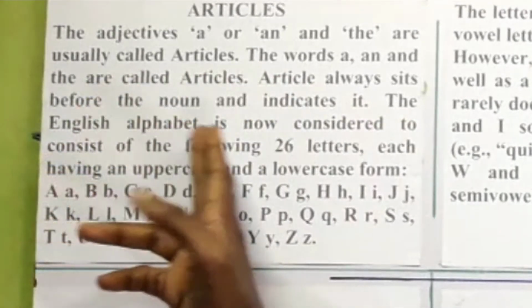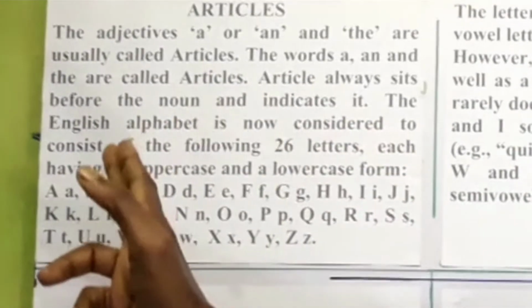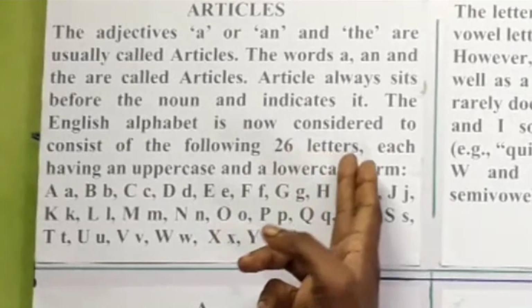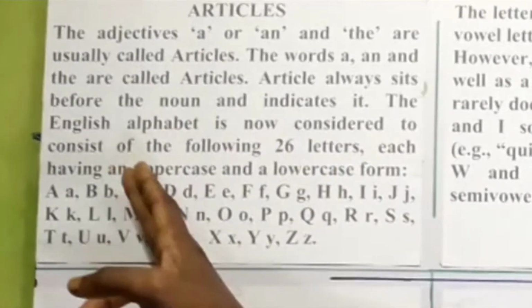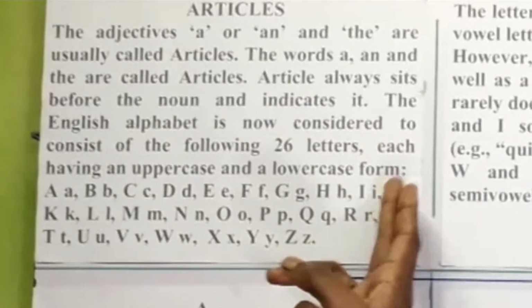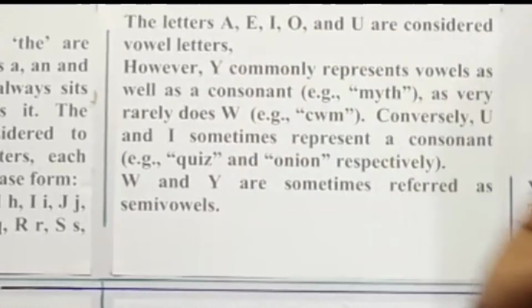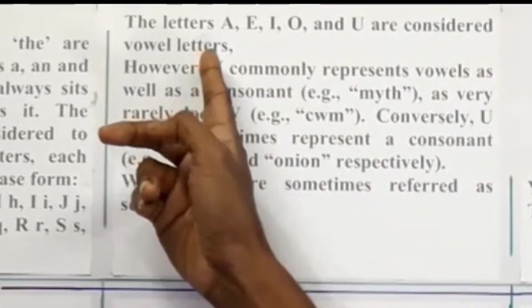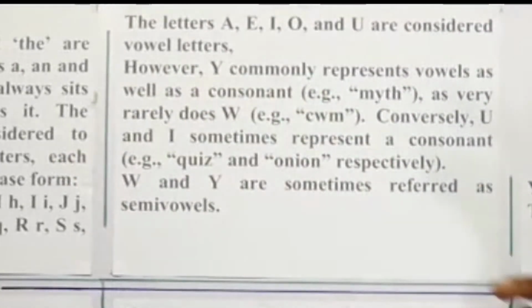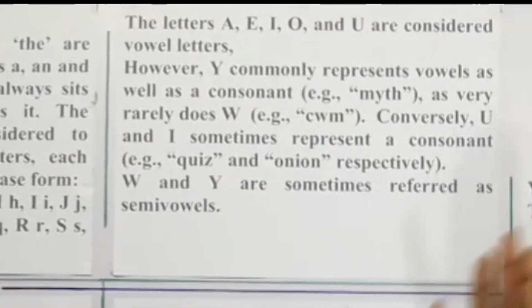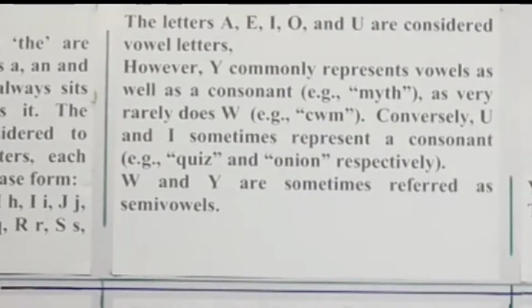The English alphabet is now considered to consist of the following 26 letters, each having an uppercase and a lowercase form. We know the letters A, E, I, O and U are considered vowel letters. However, Y commonly represents vowels as well as a consonant.